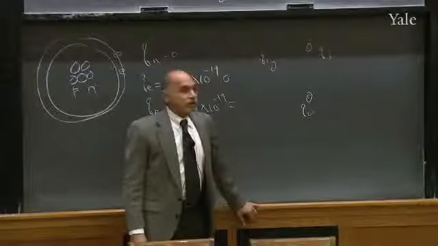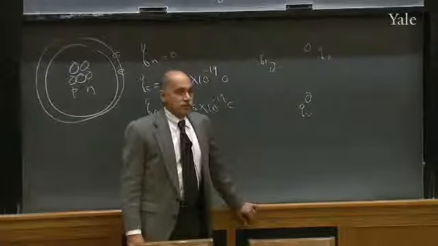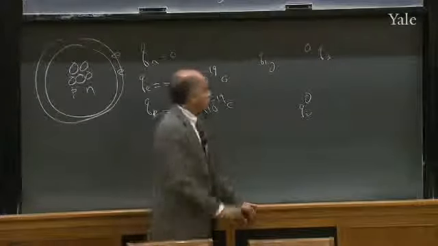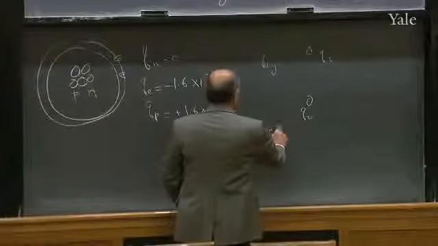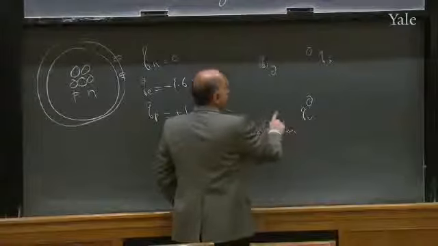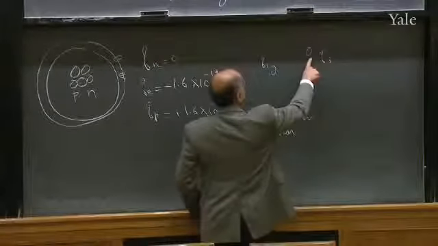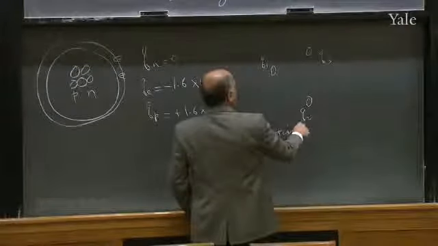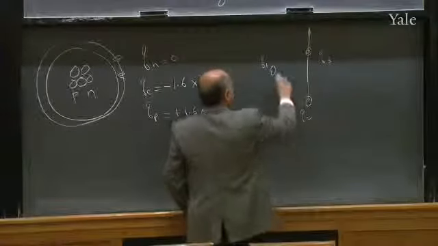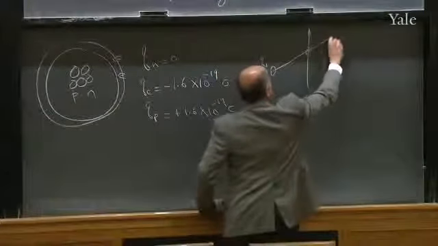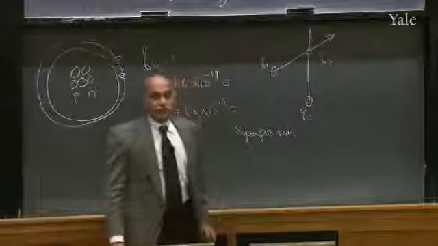But we make an extra assumption called superposition, which says that if you want the force on Q3, when there is Q1 and Q2, you find the force due to Q1, and you find the force due to Q2, and you add them up.